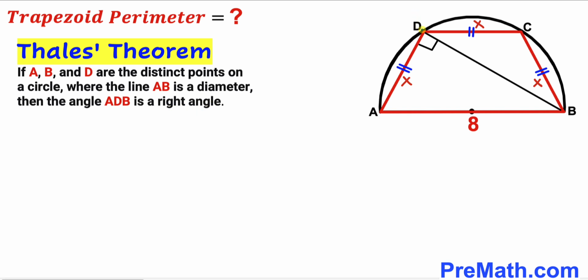So no wonder this angle ADB is going to be a 90-degree angle, since these vertices A, B, and D lie on the very same semicircle, and AB is indeed the diameter.